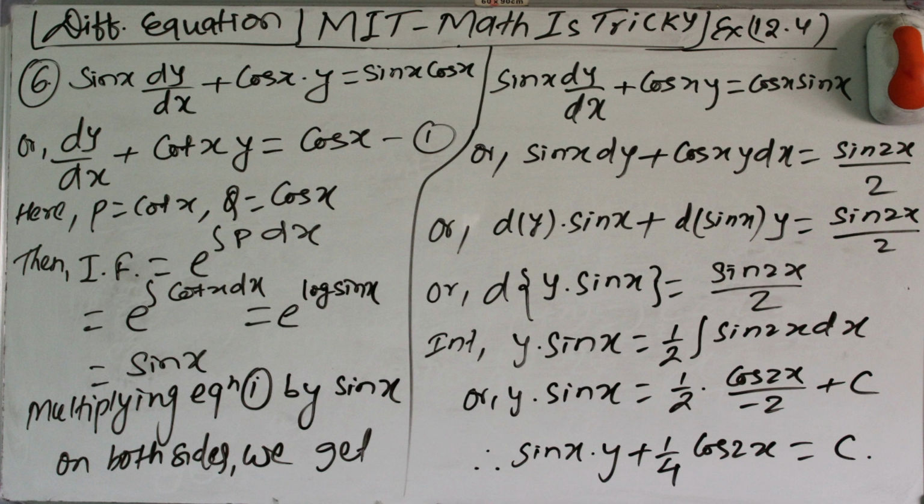Now we get sin x into y equals minus 1 by 4 cos 2x plus c. So let's bring the term cos 2x by 4 to the left hand side, so we get sin x into y plus 1 by 4 cos 2x equals c. This is our answer for question number 6.